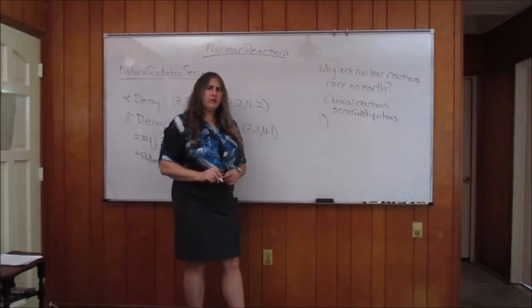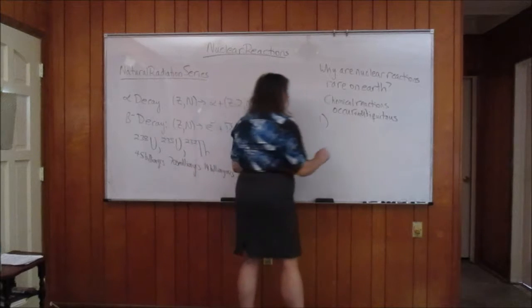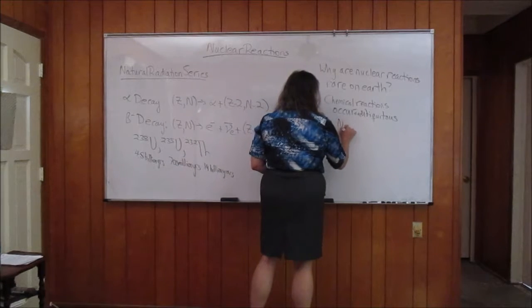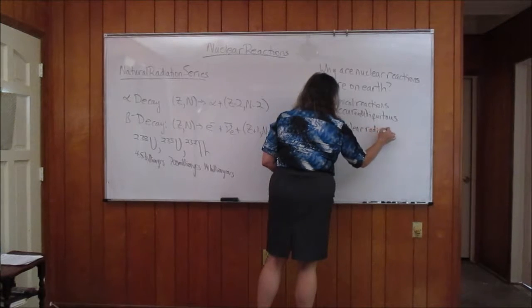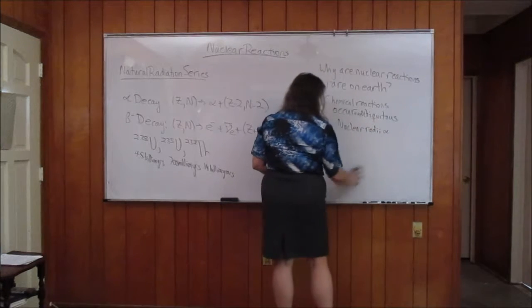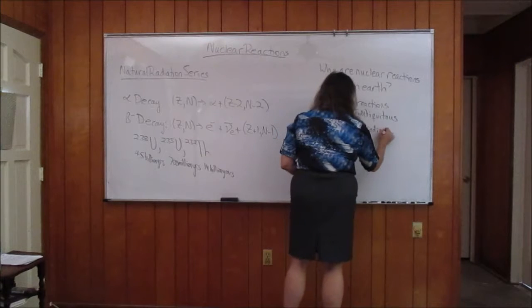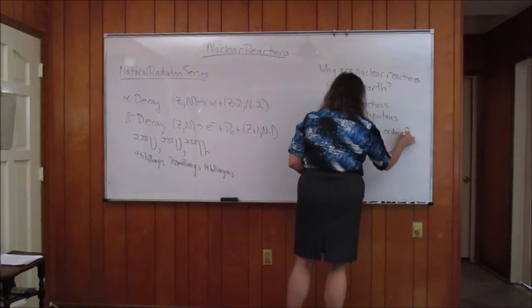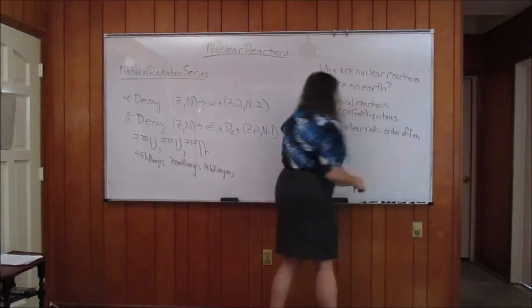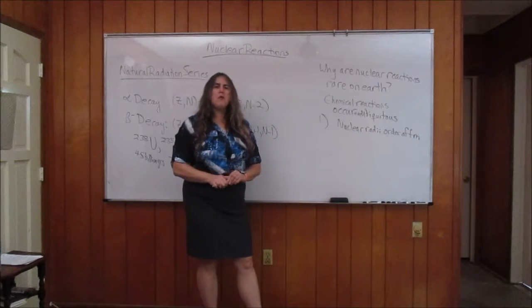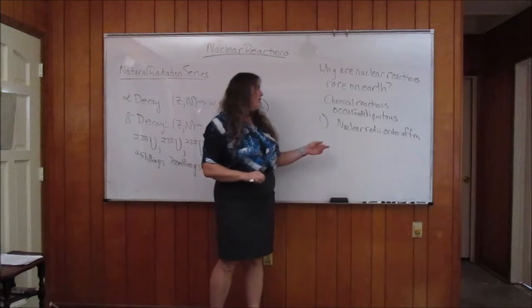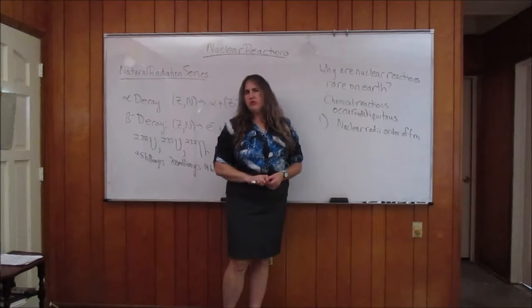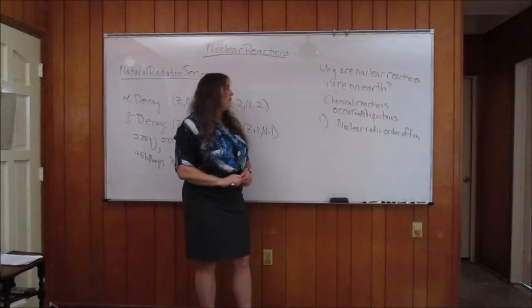Well, there are 2 reasons for this. Number 1 has to do with the size of the nucleus. Nuclear radii are on the order of femtometers. Remember, a femtometer is equal to 10 to the minus 15th meters. That's in contrast to atomic radii, which are on the order of angstroms, which is 10 to the minus 10th meters.